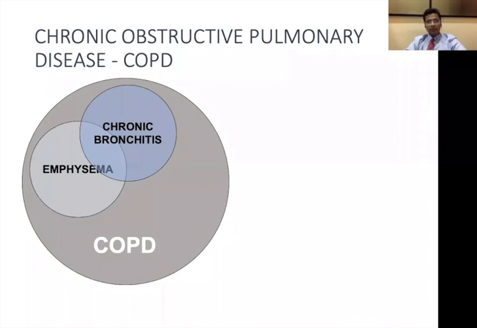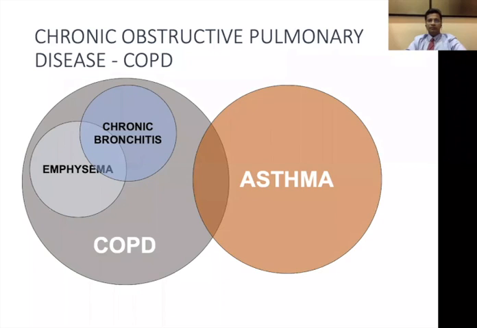In the same patient, most of the time, both these entities exist. So one patient might have more emphysematous changes, and another patient with COPD might have more chronic bronchitis changes. But clinically, we label all of these as COPD.